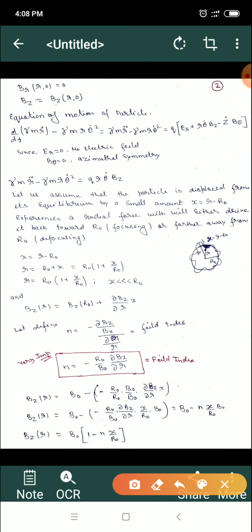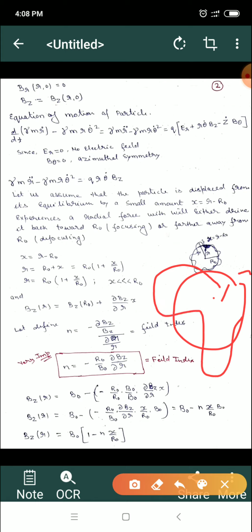Here I have given a circular orbit of radius r0. When the charged particle is moving in a circular orbit, it is completing a circular path around the center. When it is moving in a circular path, it will make some oscillations like this.